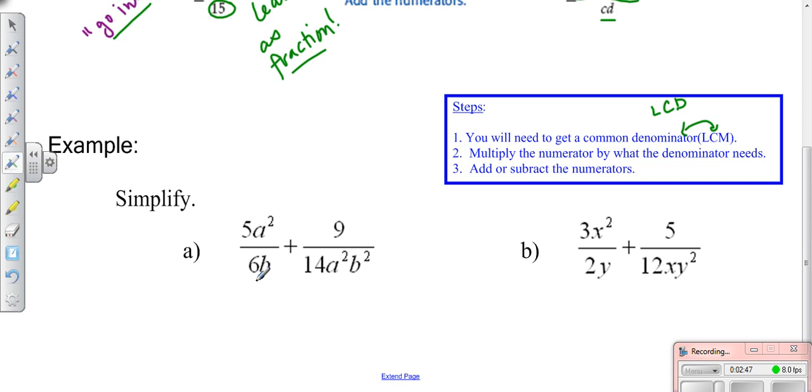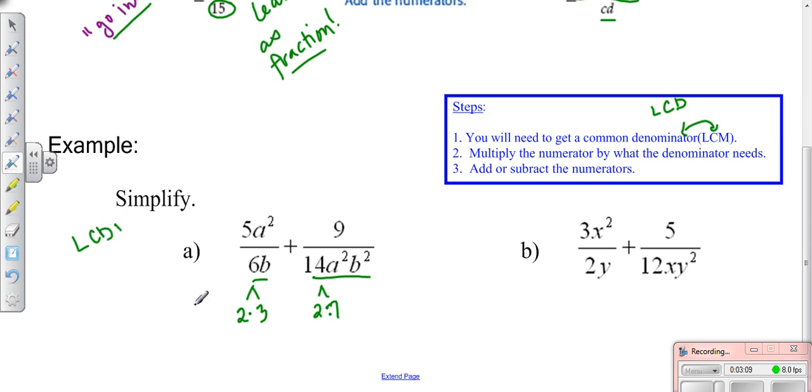If I'm looking at 6b and 14a squared b squared, one of the things I can do is factor the coefficients, because I don't know what number 6 and 14 both go into. So least common denominator.